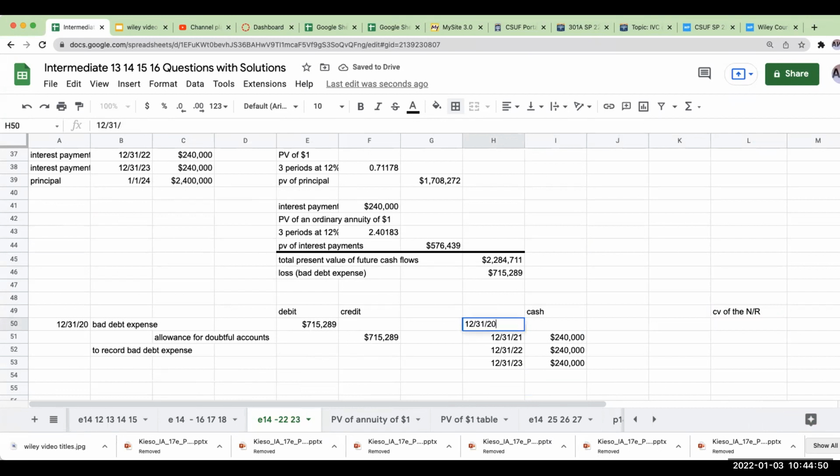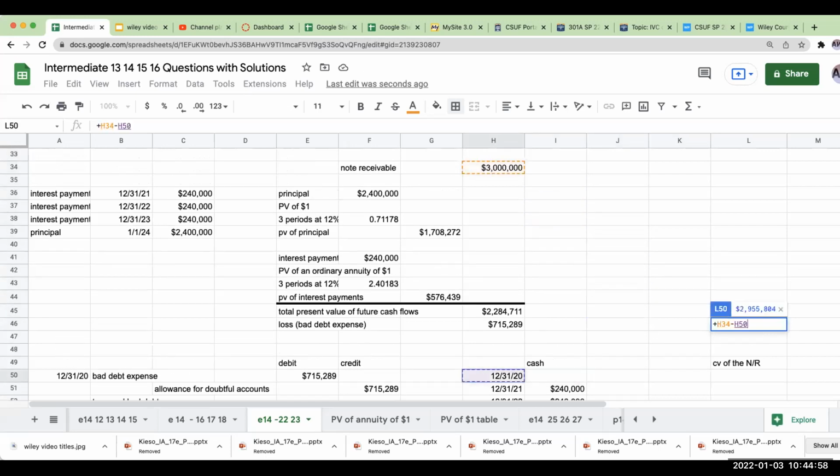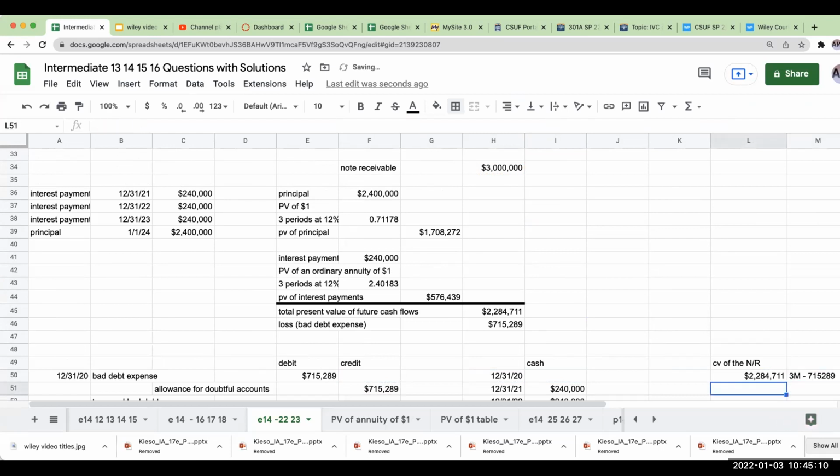On 12/31/20, the carrying value of my note receivable is going to be 3 million less my allowance for doubtful accounts, or 715,289. This is my carrying value, 3 million minus 715,289. Okay.